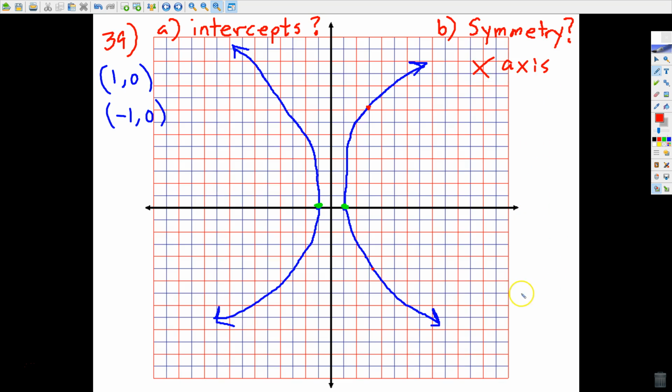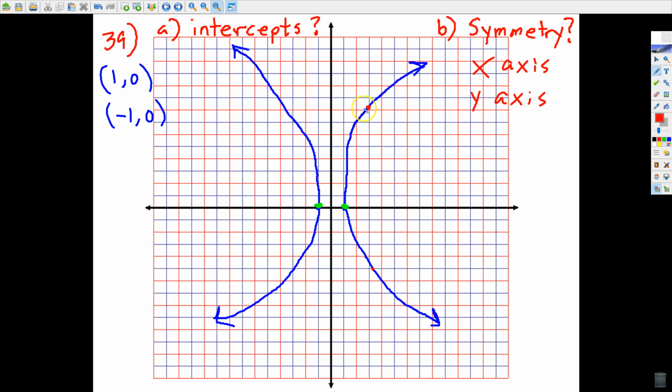What about y-axis? Can we do that same thing? If we stuck with that same point, again, just pretend like my graph is perfect. Does it look like this point over here corresponds just with the opposite x-coordinate? Does it look like it? It does to me. So this also has y-axis symmetry.